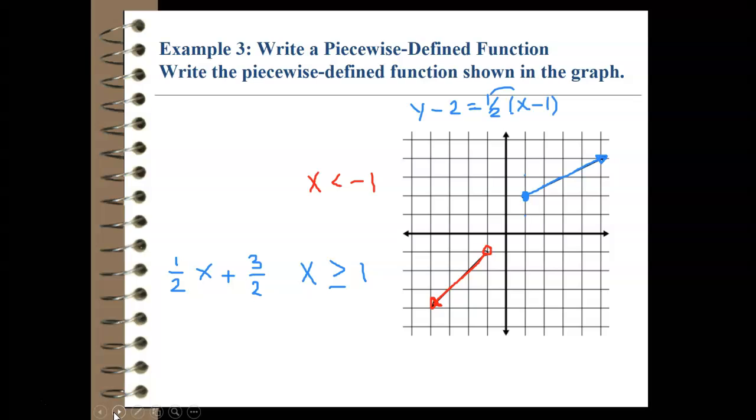And you could have distributed and combined like terms, and also saw that you got to 3/2. So the blue part of the piecewise is represented by 1/2 x plus 3/2 for x values greater than or equal to 1.